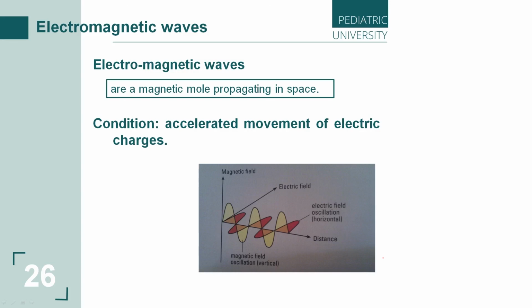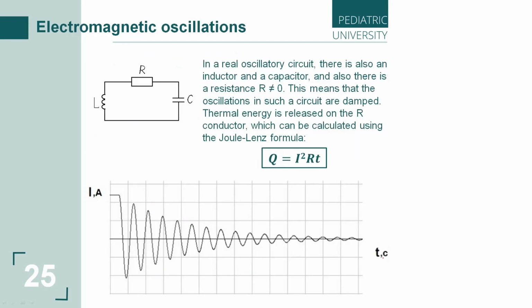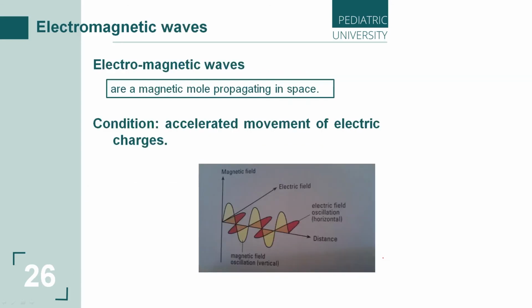Namely, it's necessary that there was not just the movement of electric charges, but an accelerated movement of electric charges. We said earlier about electromagnetic oscillation. These are fluctuations of charge in an oscillatory circuit. But for electromagnetic waves, these electric charges must go with acceleration. And as a result of this, you and I will be able to receive an electromagnetic wave.